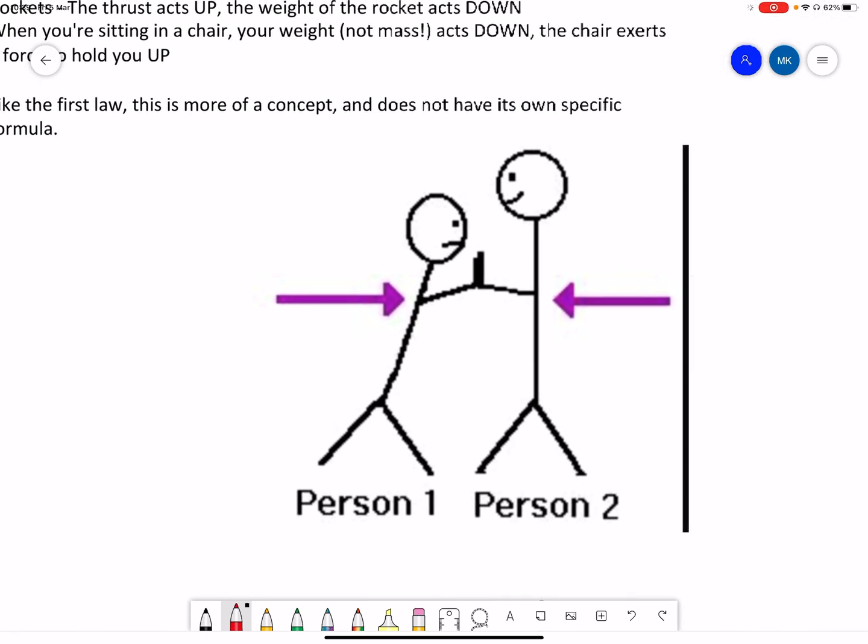Another example is if you're in a pushing contest with someone, have you ever noticed when you push someone in that direction, you naturally go backwards? So that's what Newton's third law is all about. You're exerting a force in that direction on person 2 here, and you naturally go back the way in the opposite direction.